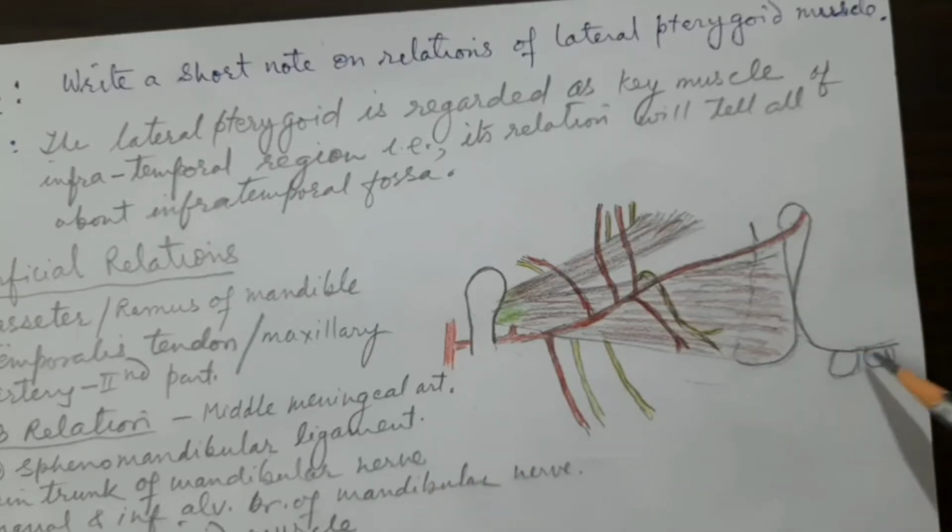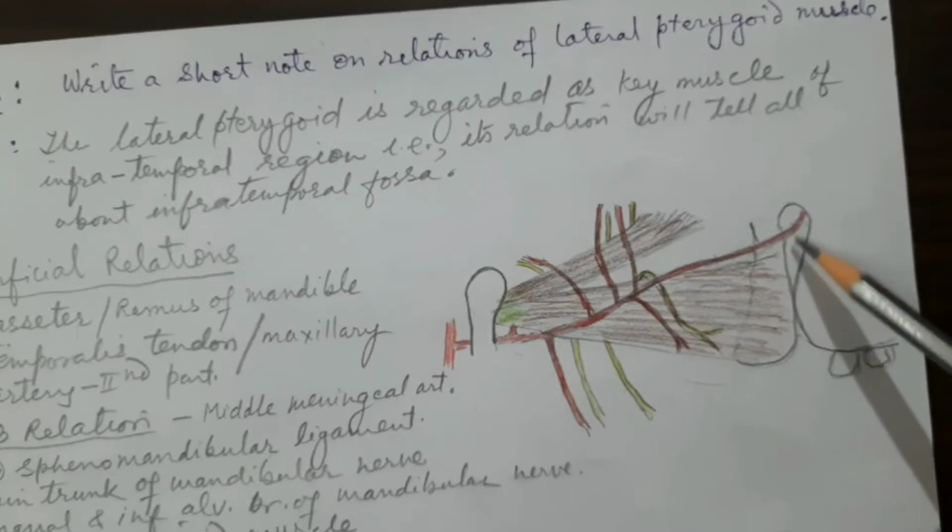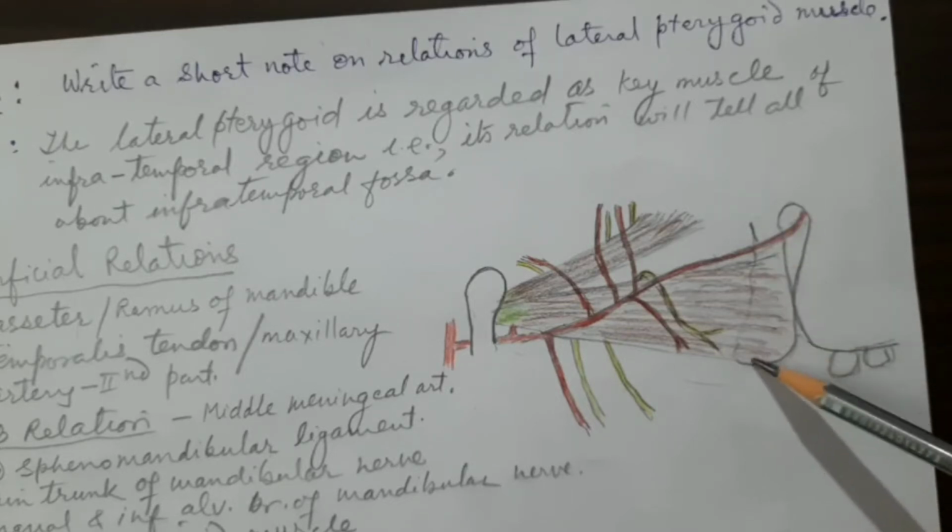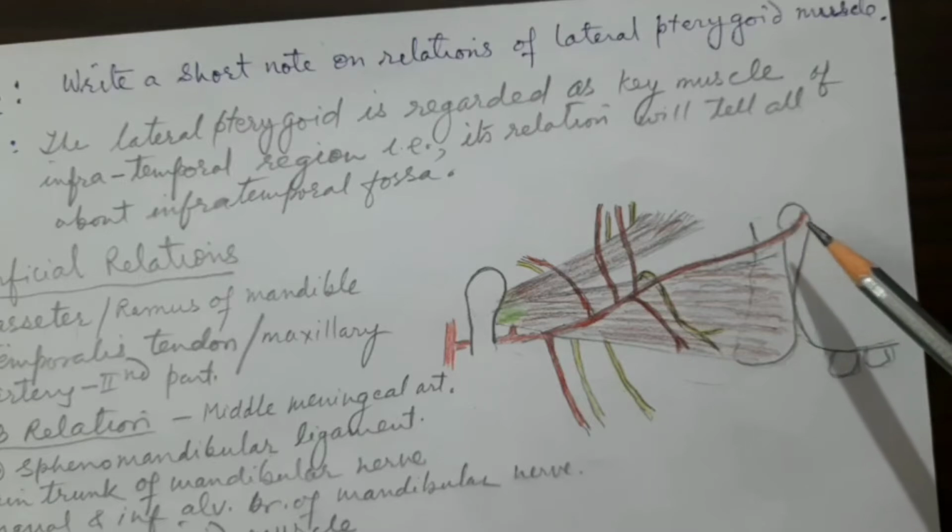This is the maxilla, and the maxillary molar teeth are shown here. This is the pterygomaxillary fissure, and this is the lateral pterygoid plate.